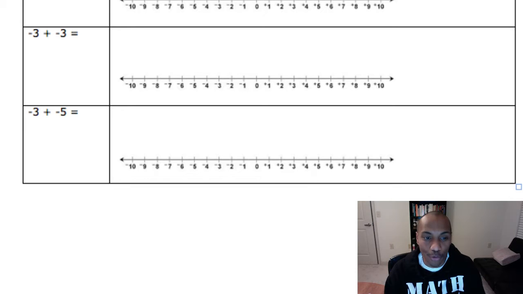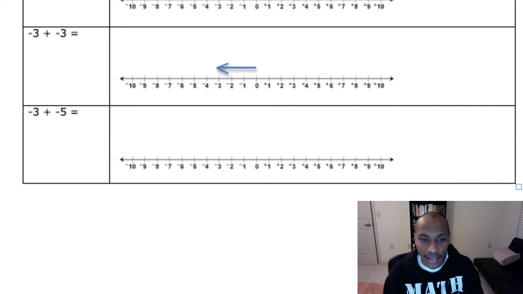So I'm going to move how many spaces? Well, it's negative 3, so I'm going to move 3 spaces to the, that's right, to the left. So I'm moving 1, 2, 3 spaces to the left. Great. So now I'm here at negative 3, and I'm adding a negative 3.